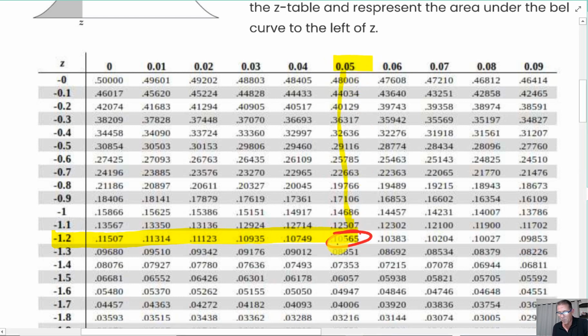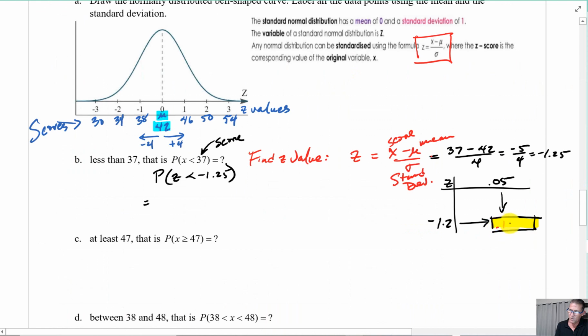And I see a probability of 0.1057. That equates to 10.57%. That's the probability that we have a z-value less than -1.25, or a score less than 37. I predicted 37 is right around here somewhere, so it has to be between -1 and -2.